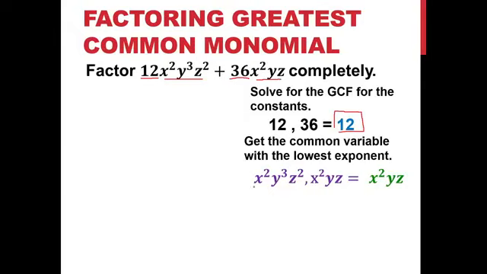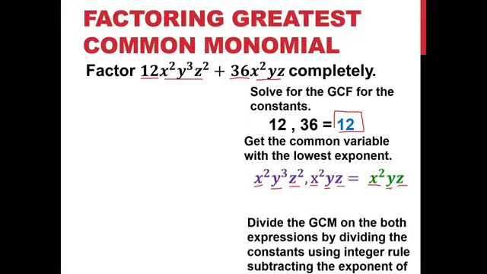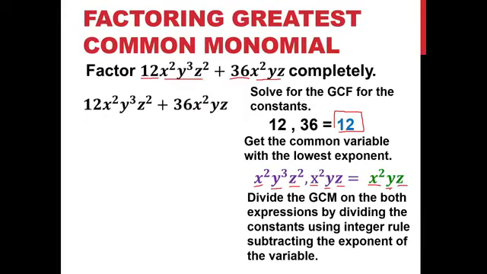What's common, with the lowest exponent, is x squared. Common variable y, the lowest exponent, 1, that's y. For z squared and z, you'll have z there. So meaning, the GCF now is 12x squared yz.